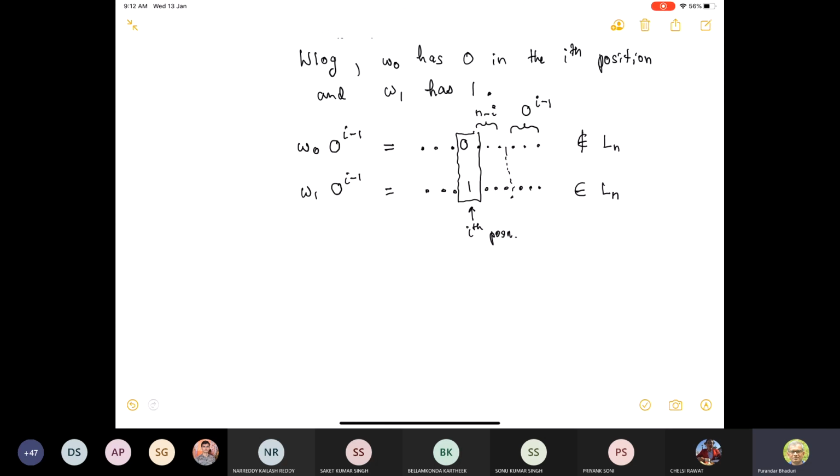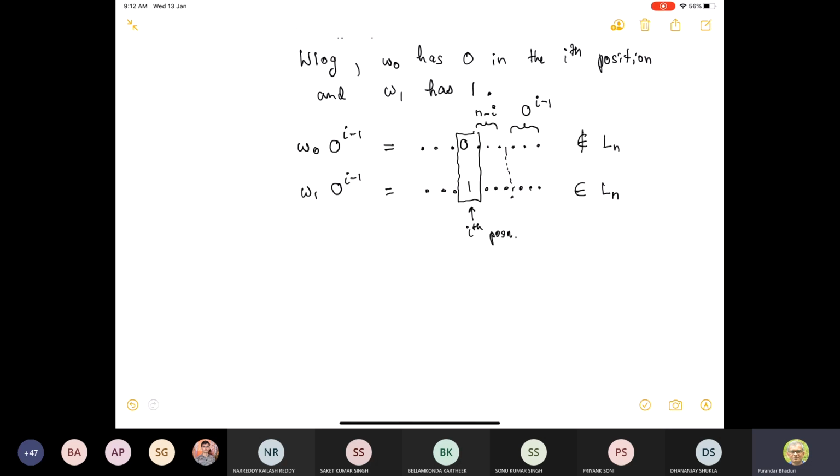the way we are going to arrive at a contradiction is to show that our machine, the one that accepts Ln and which has less than 2 to the power n states, will reach the same state on processing these two strings, the one at the top and the one at the bottom. Why is that the case?